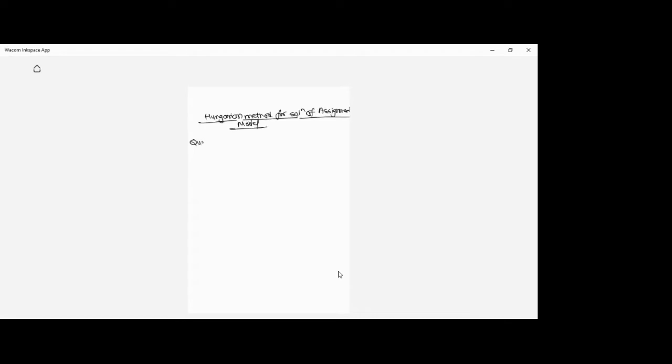We have a numerical: solve the following assignment problem. The assignment problem is given to us in a very simple format.